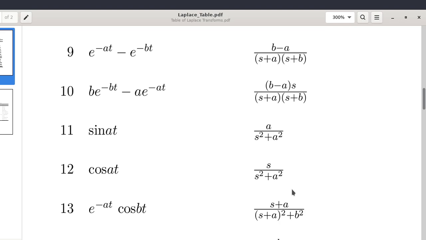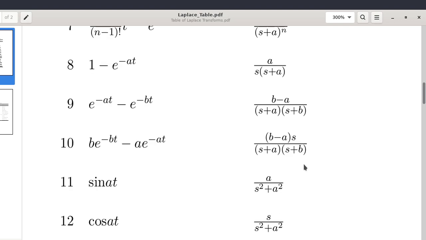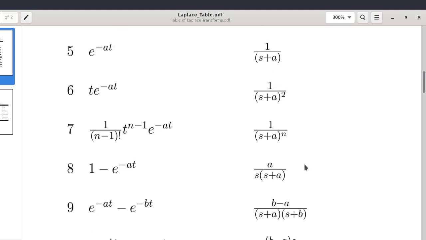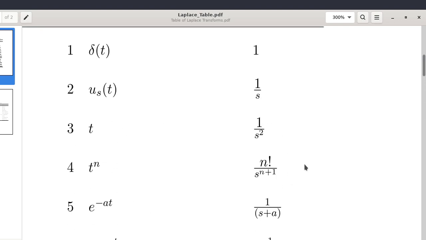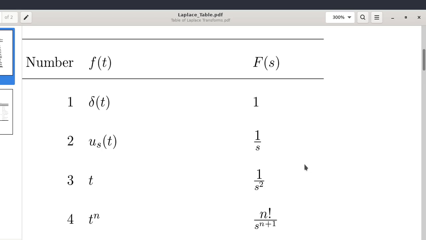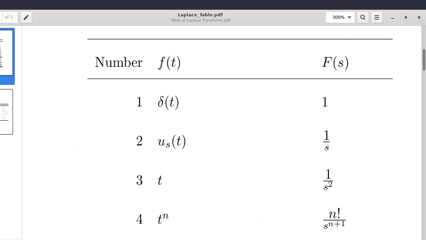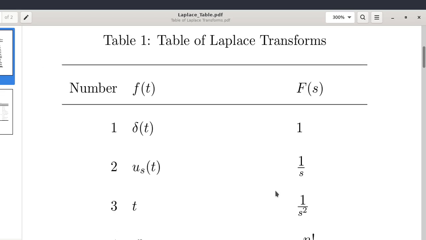Alright? You might be asked to show that, but for the most part, you would be given a table of Laplace transforms that you would use in exam.